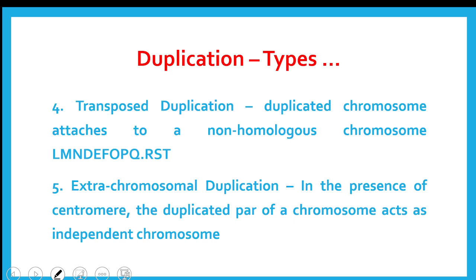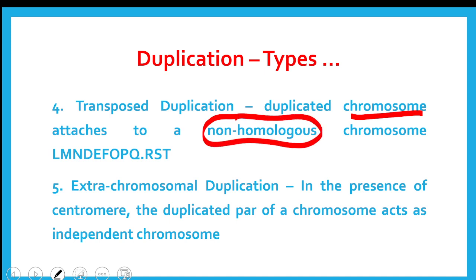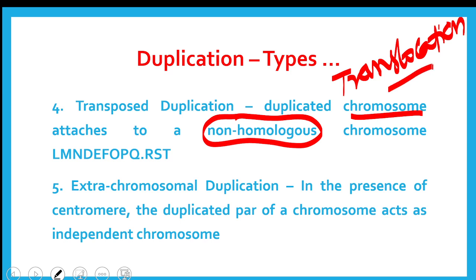And the fourth one is called transposed duplication. Here the duplicated segment attaches to a non-homologous chromosome. We cannot call this translocation. Why? In translocation, there is no duplication involved. Though there is a transfer of one portion of a segment from one chromosome to the other, that segment in translocation is not duplicated.